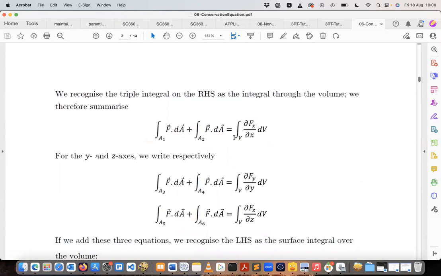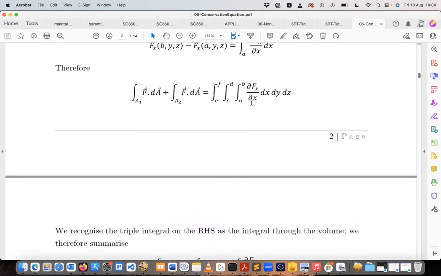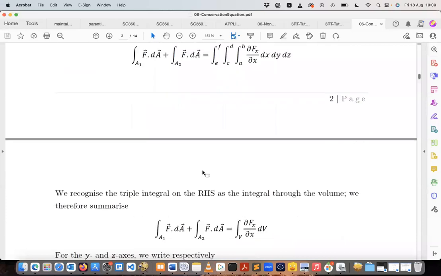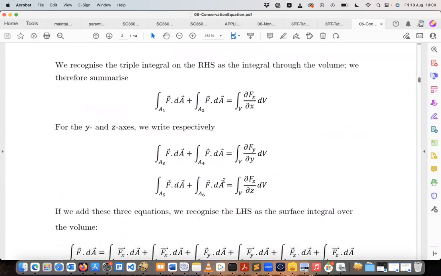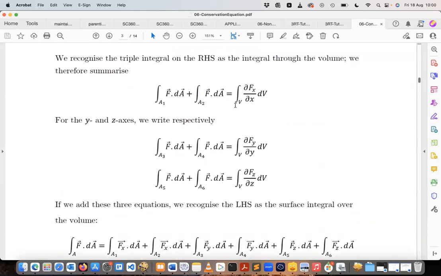So we can say that the integral through the volume, so this is now looking at it in the X direction. So just acknowledging that this right-hand side is nothing but the volume integral of df dx, right? Then that difference across the area is equal to that. So that's what we got for the X direction.